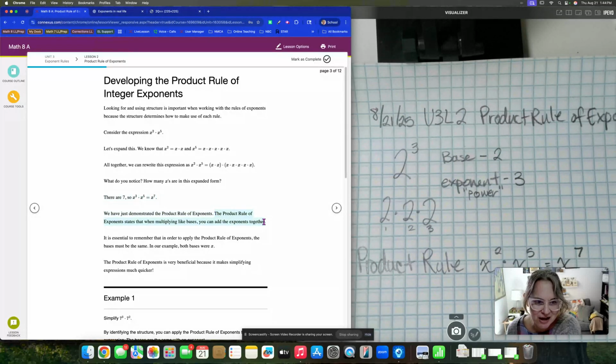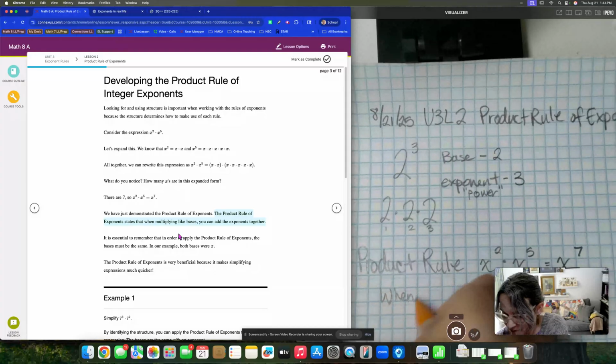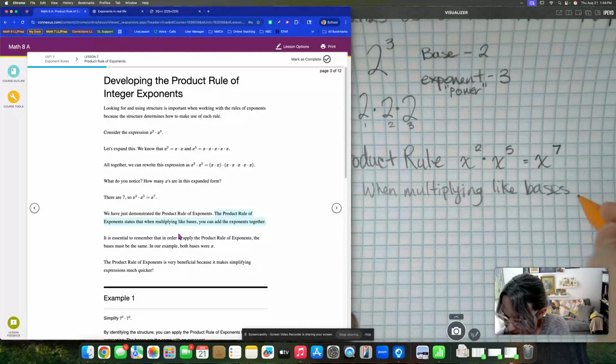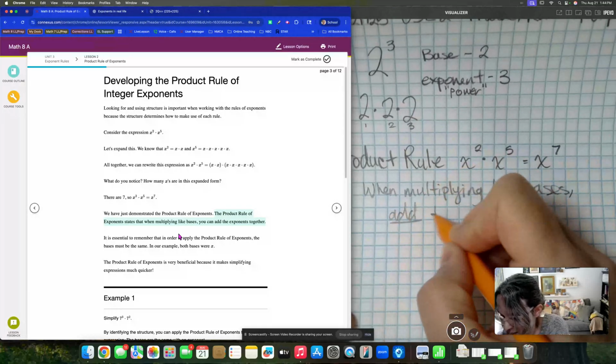And then right here, this is what I'm going to write down. The product rule of exponents says that when multiplying like bases, add the exponents.